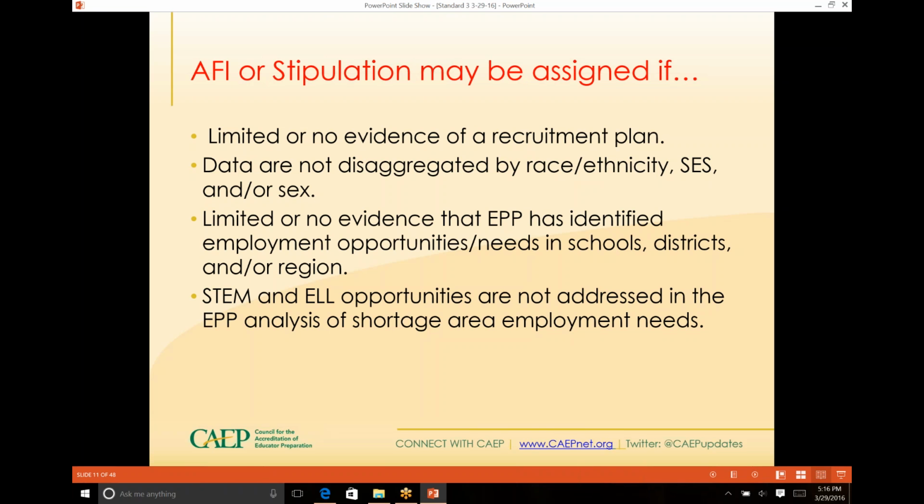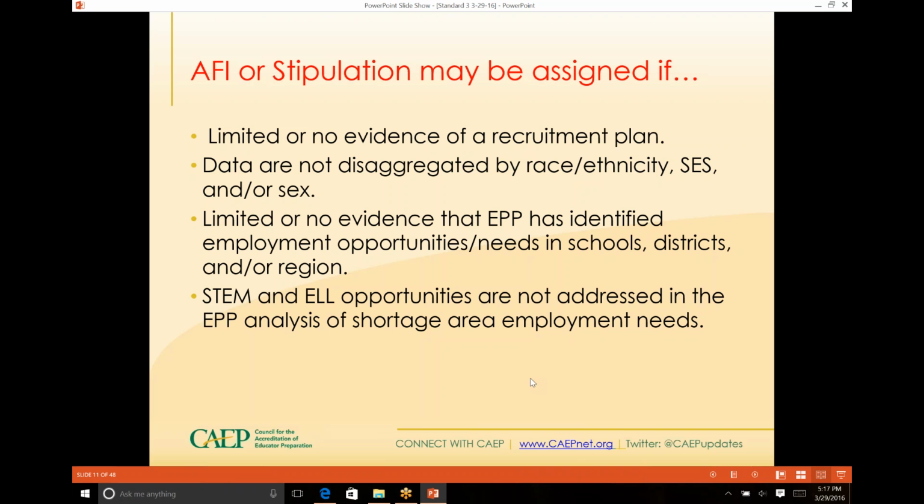If there's limited or no evidence that an EPP has identified the employment opportunities or needs in its area, so if you don't have a sense of what the schools' needs are going to be in the future, that could be an area for improvement. And if you're not addressing those STEM and ELL opportunities, as well as hard-to-staff schools and special education, if you're not addressing that in your analysis of shortage areas, you could get an area for improvement or stipulation.